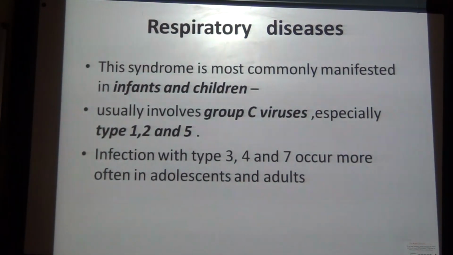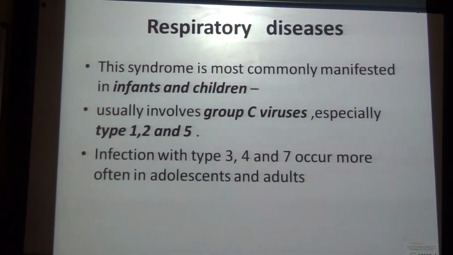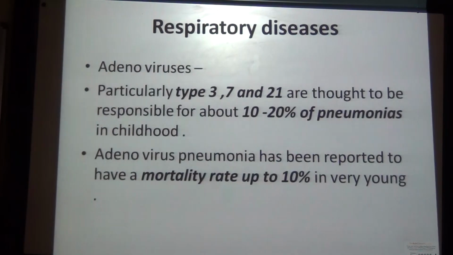The disease usually involves group C virus, especially types 1, 2 and 5. Infection with types 3, 4 and 7 occurs more often in adolescents and adults. So in children, types 1, 2 and 5 of group C viruses are important.